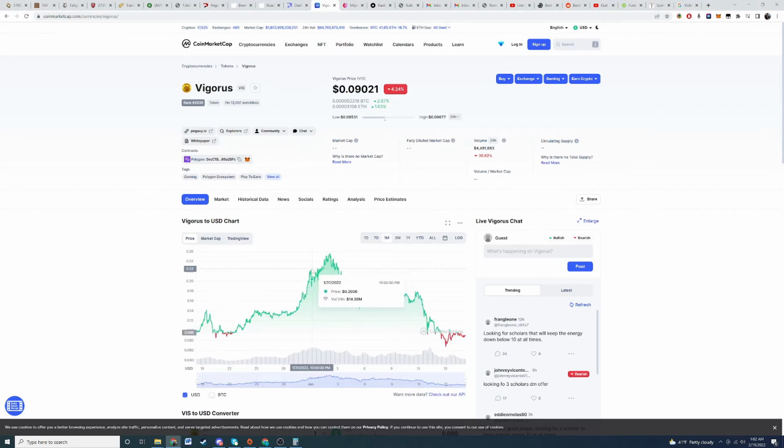I was doing quite a bit of breeding at VIS's all-time highs. So the opportunity cost, when VIS was worth about a quarter, when I did at least 2 of my breeds, I want to say. I probably did 1 here, 1 here, 1 here, 1 here, 1 here, and then my most recent one here.